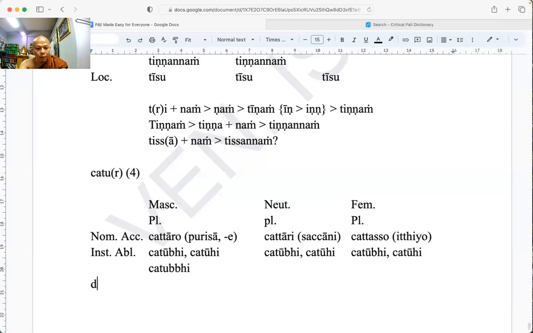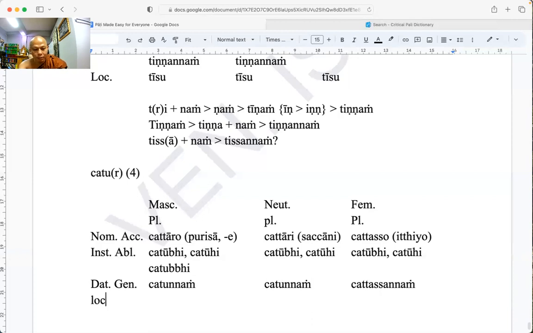Okay, and now dative and then genitive. So jattu, also jattu, but for feminine it is jattasanan.